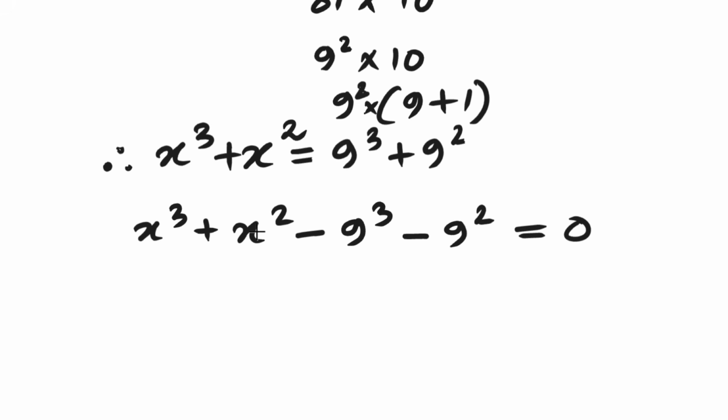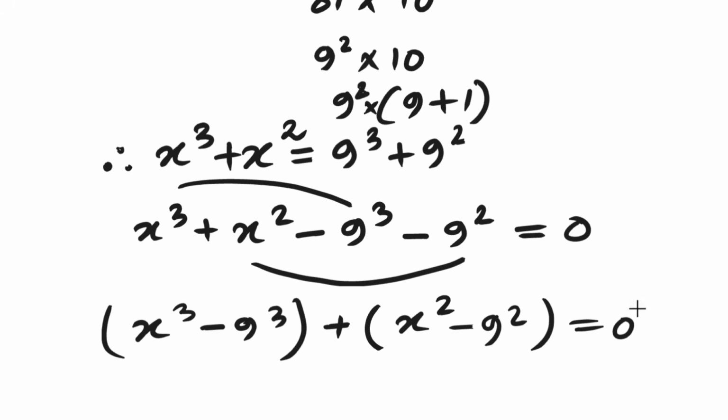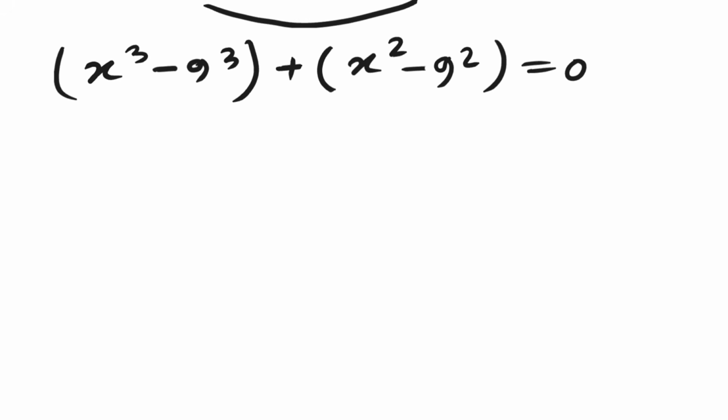Let's group similar expressions together. We can write this as the quantity x cubed minus 9 cubed plus the quantity x squared minus 9 squared equals 0. At this point, we're ready to use two well-known algebraic identities.